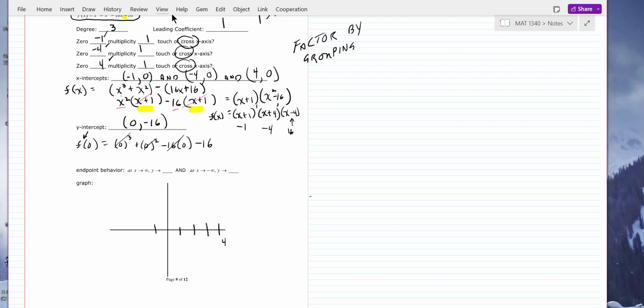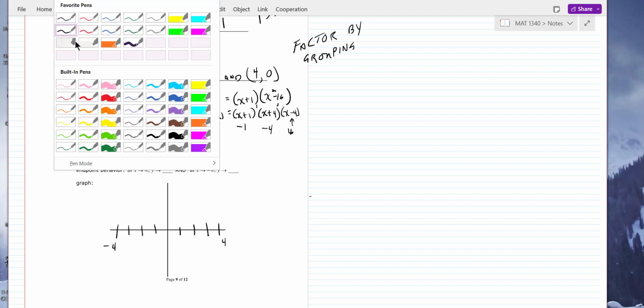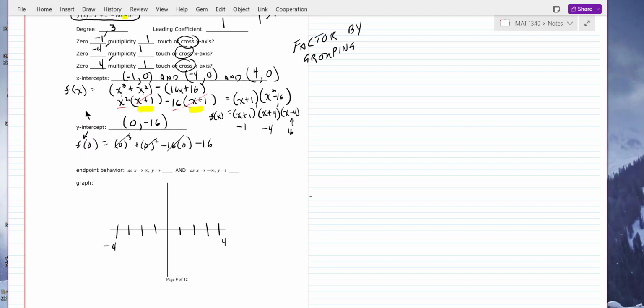And then you can go -1, -2, -3, -4. And we have a y-intercept of -16. So I would just kind of, when I get all this stuff put together, I would just do this. Okay, we have a 0 at -1, and we determined we're crossing because the multiplicity was odd. -4, we're crossing there. 4, we're crossing there.